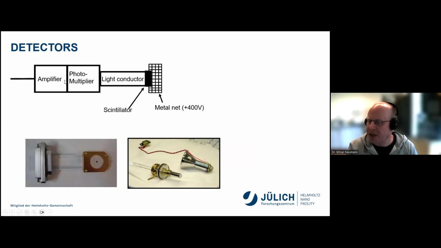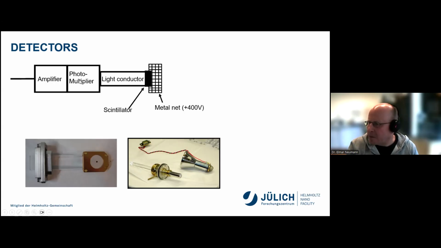Detectors. So we need to detect these electrons somehow. This is one of the original detectors here. Here's a very old one, disassembled. You have a scintillator at the top of a light conducting rod. With the help of a bias, the electrons that you created in your sample are attracted by this bias and then interact with this scintillator.